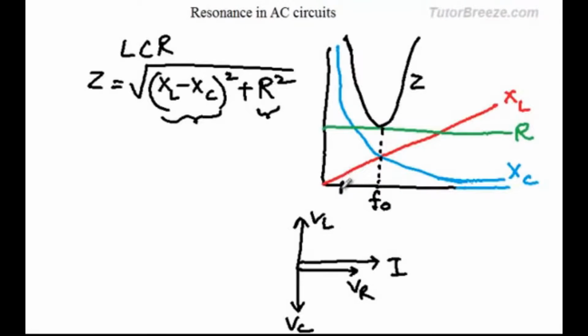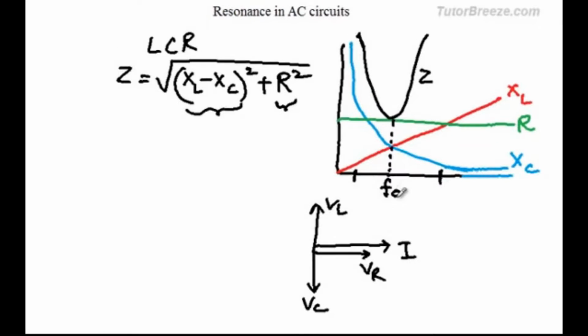You can see that at low frequencies the circuit is predominantly capacitive, and at high frequencies the circuit is predominantly inductive. Now there will be some value of a frequency in between when the capacitive reactance and the inductive reactance cancel each other out.